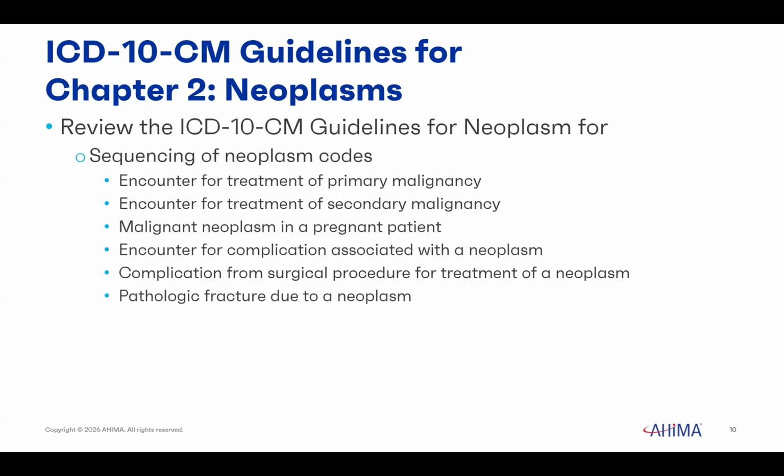And again, as talked about, we have sequencing of neoplasm codes, including such things as complication for surgical procedure for treatment of a neoplasm and pathological fractures due to neoplasms.